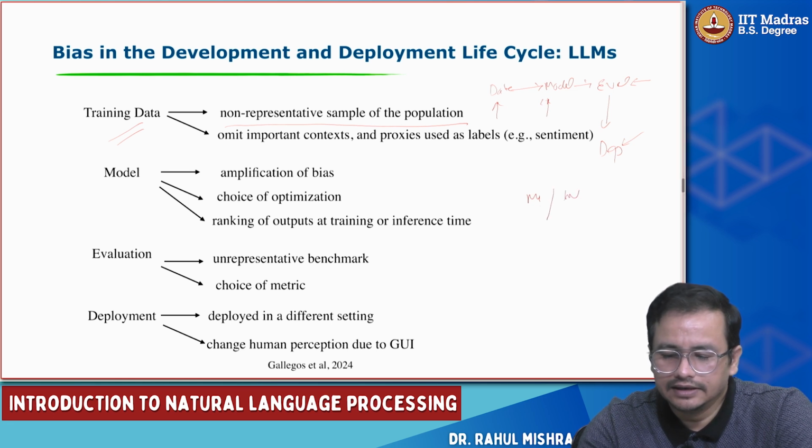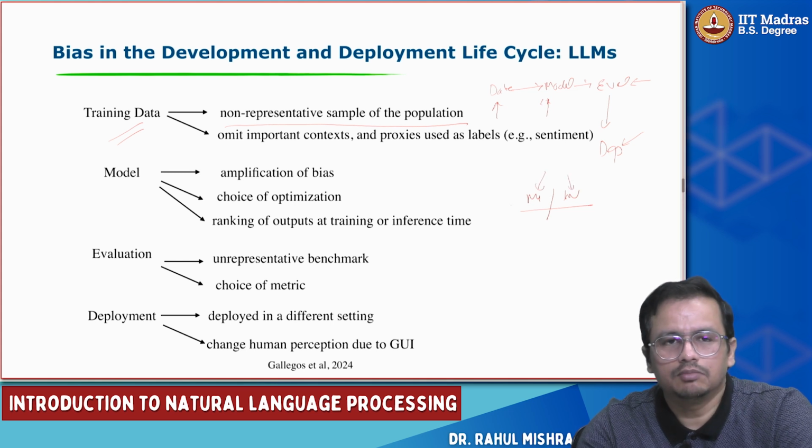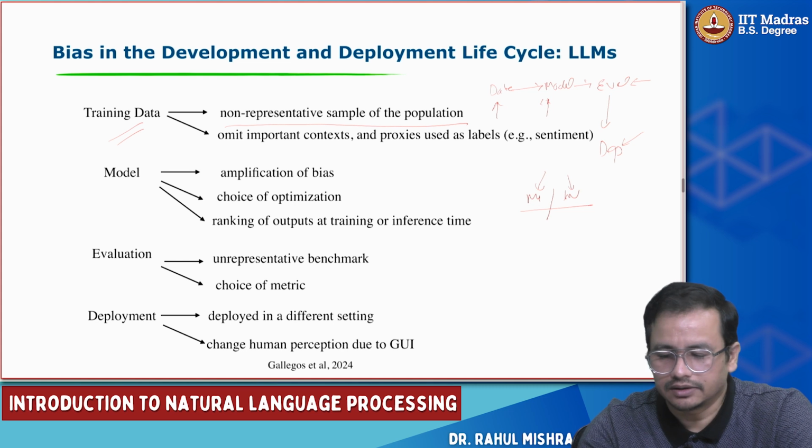Then clearly your sample is not a good representative of the whole population. Because you have more representation of men and less of women, the model will be biased towards men rather than women, right?